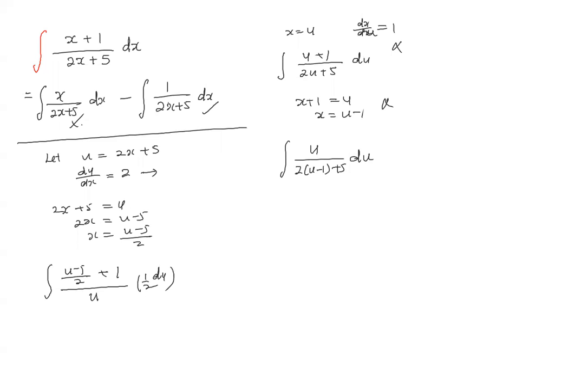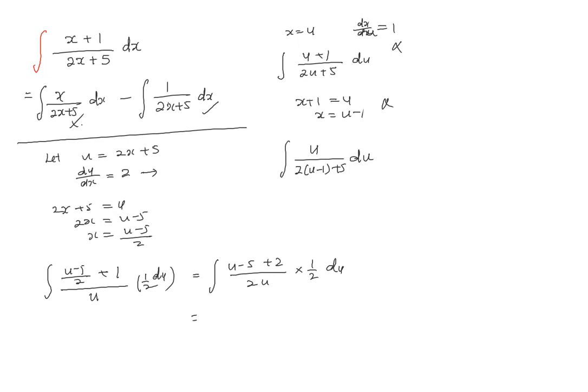Am I right? Agree? Okay, so now you go in this way: u minus 5 plus 2, divided by 2u, times half du.